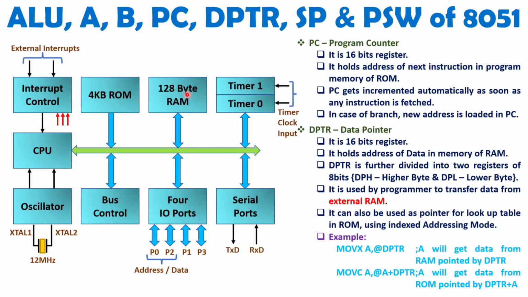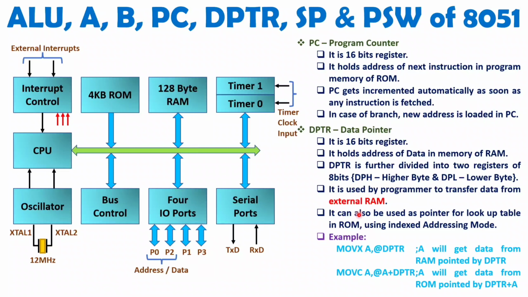Internal RAM has a size of 128 bytes, so the address of internal RAM is just 8 bits. But the DPTR has 16 bits, so obviously the DPTR will point to external RAM. Only if you interface external RAM will that data be pointed to by the DPTR.